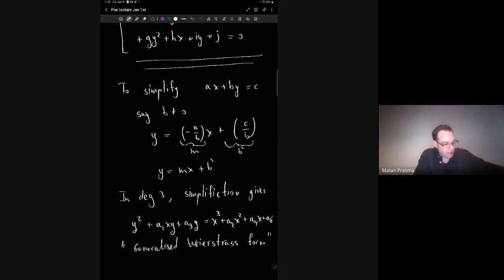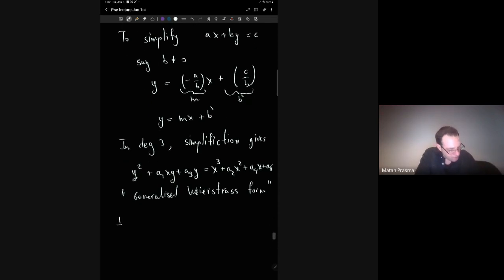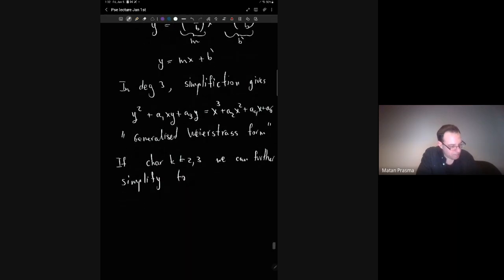It turns out that if the characteristic of K is not 2 or 3, then there is a further simplification to the form y squared equals x cubed plus ax plus b.